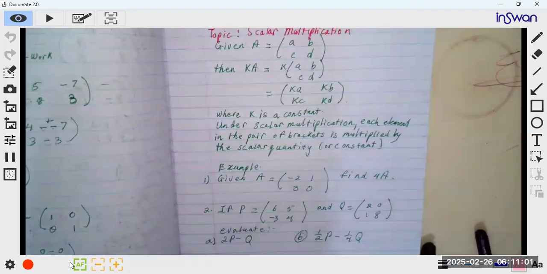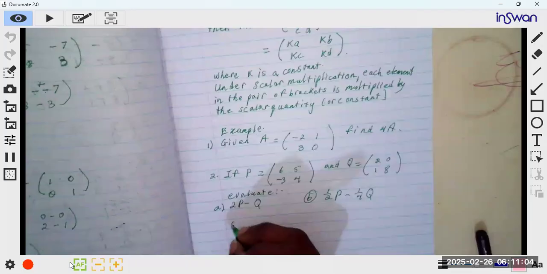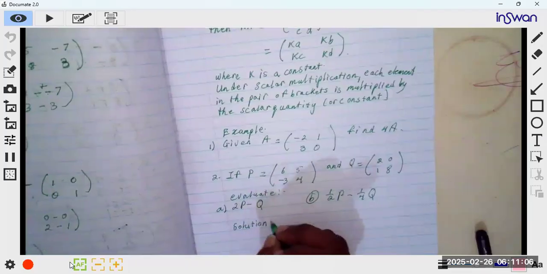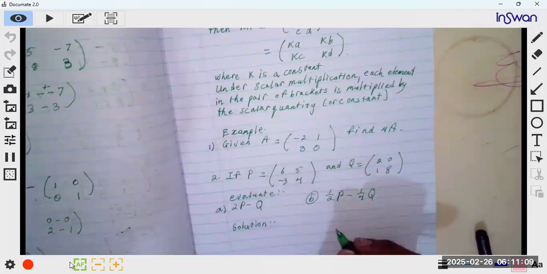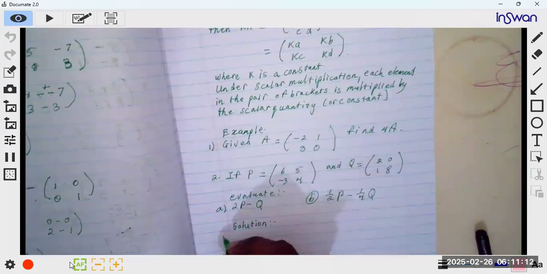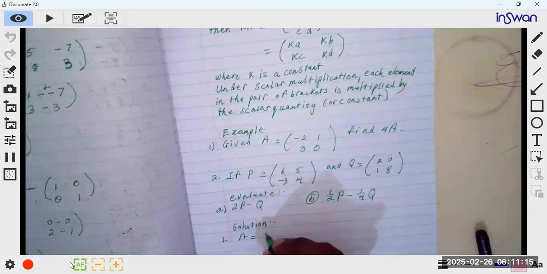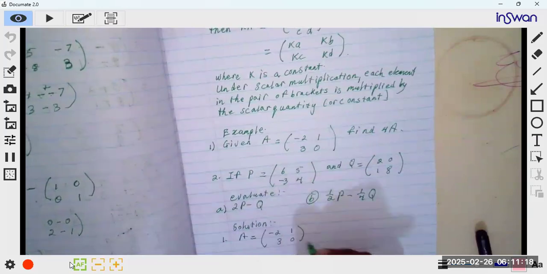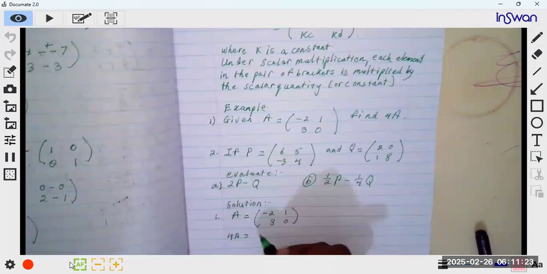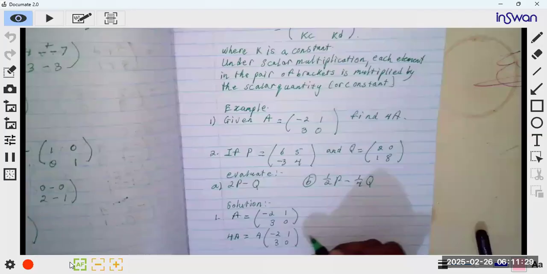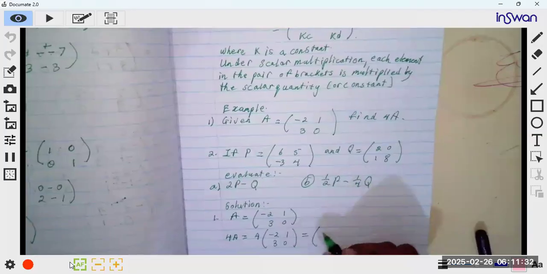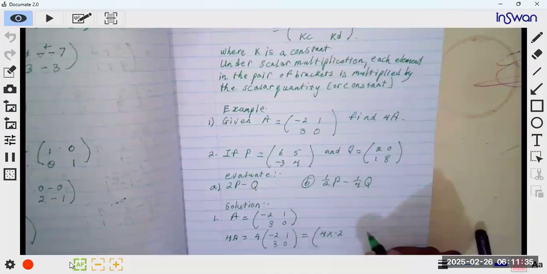To find 4A, A is equal to -2, 1, 3, 0. 4A will be 4 by -2, 1, 3, 0, which is 4 multiplied by -2, 4 multiplied by 1, 4 multiplied by 3, and 4 multiplied by 0.